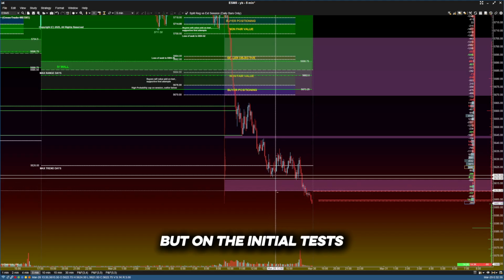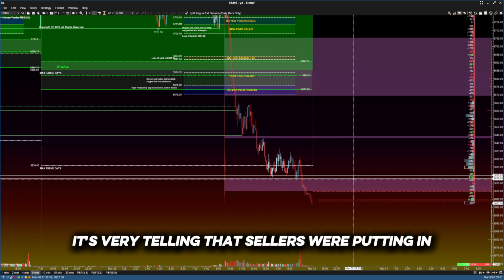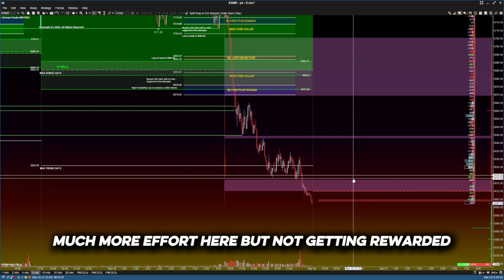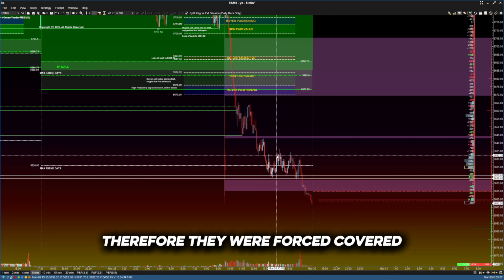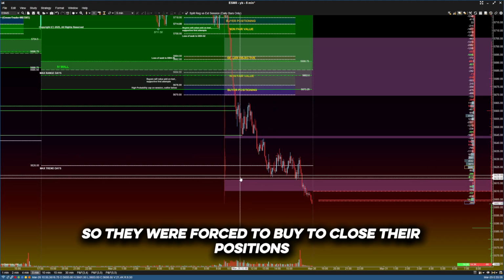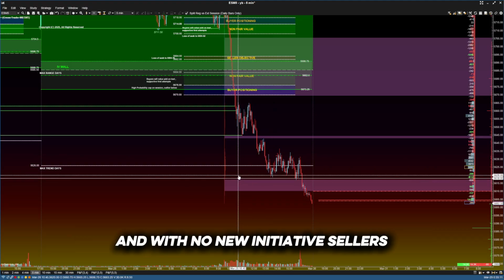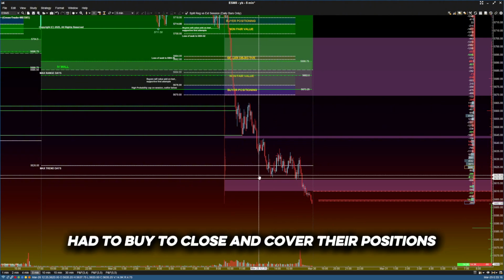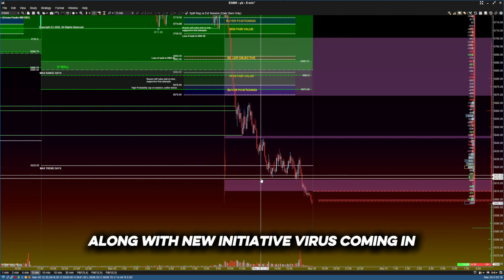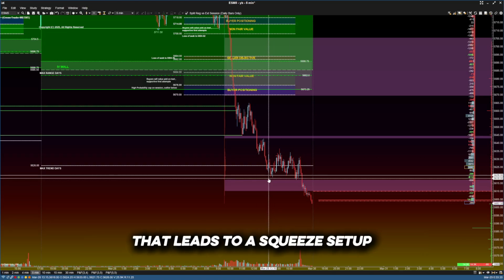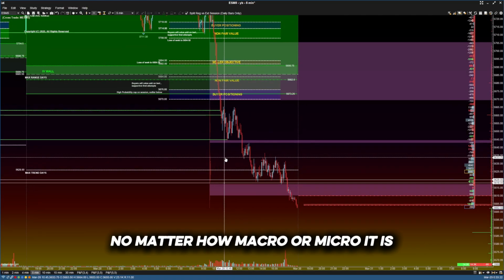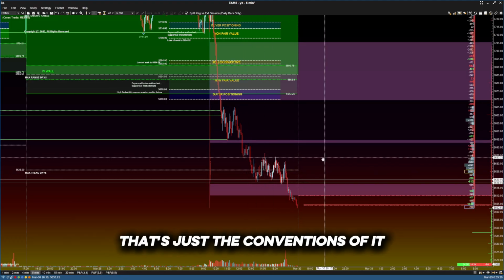But on the initial tests, it's very telling that sellers were putting in much more effort here, but not getting rewarded. Therefore, they were force covered, so they were forced to buy to close their positions, and with no new initiative sellers, along with new initiative buyers coming in, that leads to a squeeze setup. No matter how macro or micro it is, that's just the conventions of it.